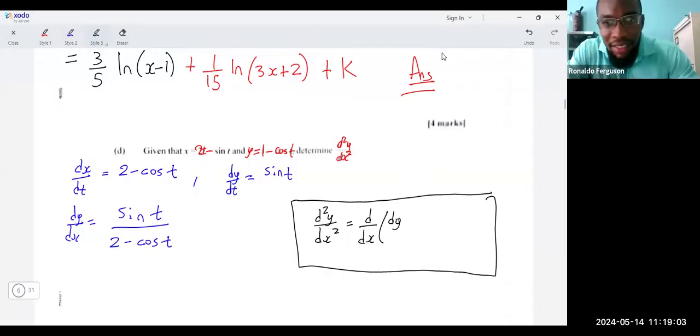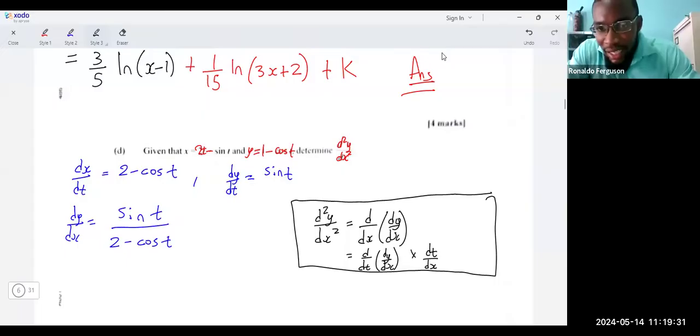To find the second derivative, it means you're differentiating dy by dx with respect to x, but because we have it in terms of t, it's actually equal to d by dt of dy by dx times dt by dx right here.